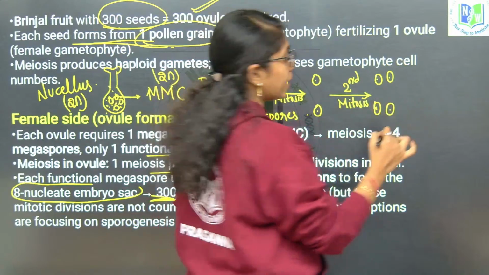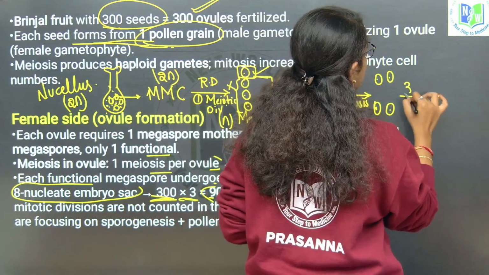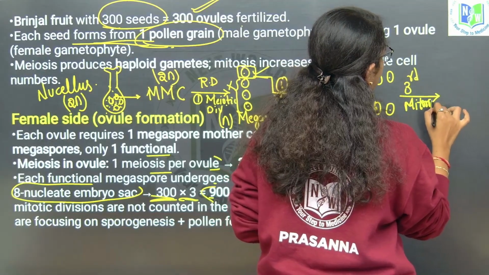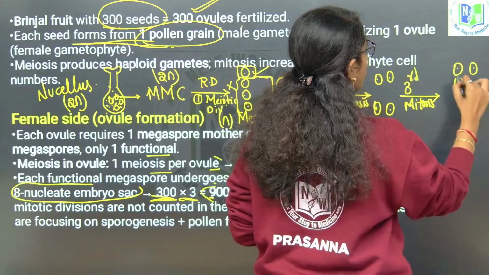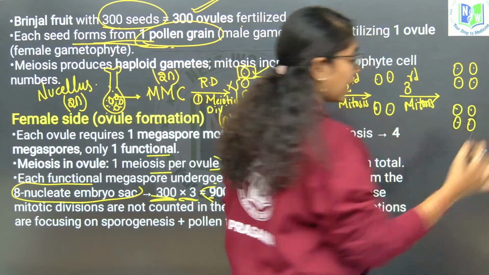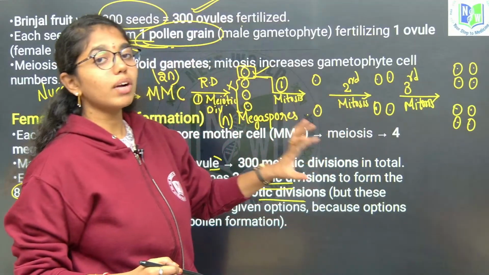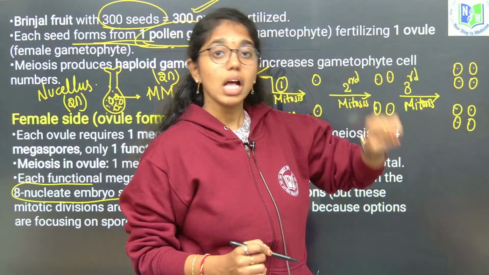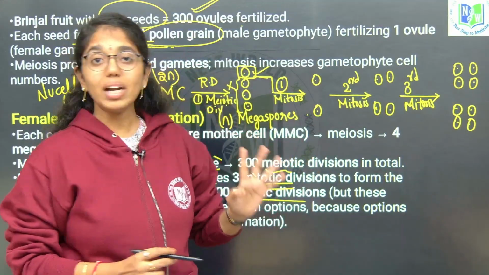Then the third mitotic division forms 8 cells, 4 towards the chalazial end and 4 towards the micropylar end. Now, after the completion of 3 mitotic divisions, cytokinesis will take place.